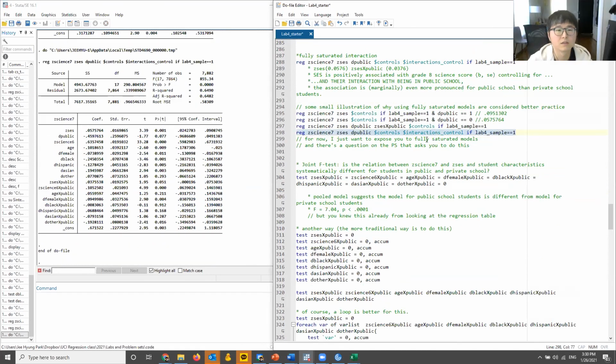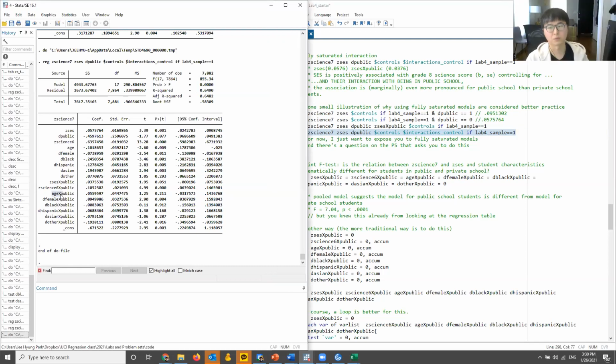For the interaction control variables, if it's significant, would that mean that there's a significant interaction between the two variables? Yes, it would. But just one note: because you're creating lots of these, chances are you might be finding a false positive. This is why you run an F test.